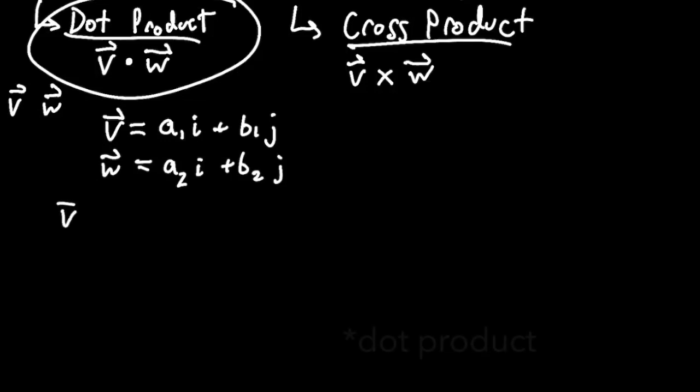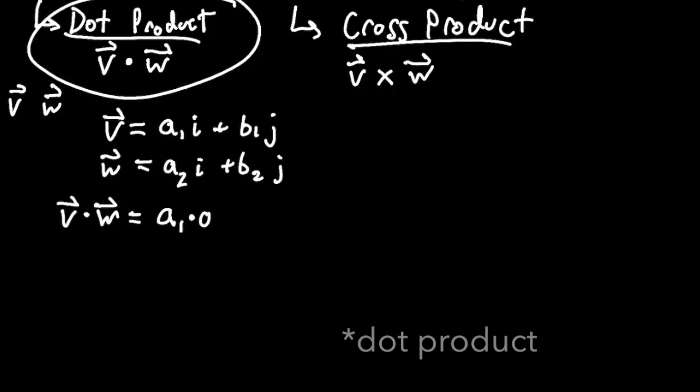Then the dot product between v and w is equal to a1 times a2 plus b1 times b2. So we're multiplying the x components together and the y components together.